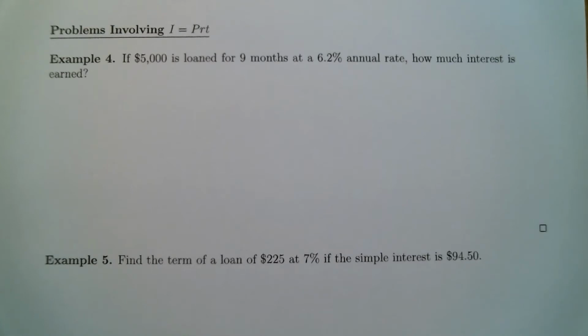First thing I want you to think about is why this is a simple interest problem. It does not specifically state the phrase simple interest, but you also do not see the word compounded. So that makes this a simple interest problem.